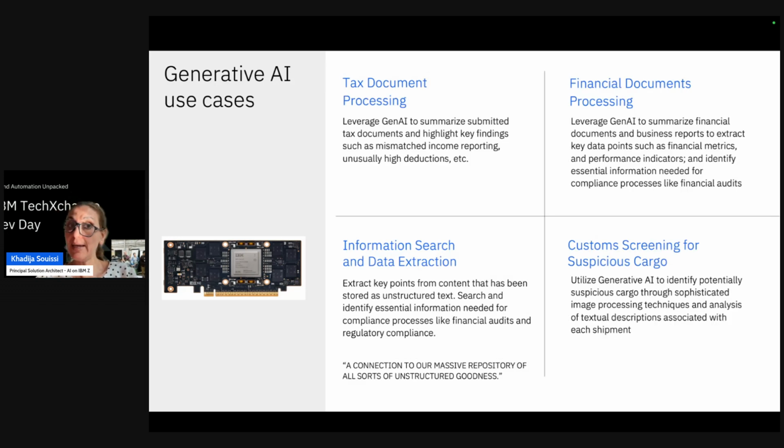We are also thinking about supporting further AI use cases that the organizations might come from and which are based on their own documents, their own data, where you can have, for example, tax document processing, financial documents processing, information search and data extraction, and also analyzing images, for example, of cargo, where you might have containers.